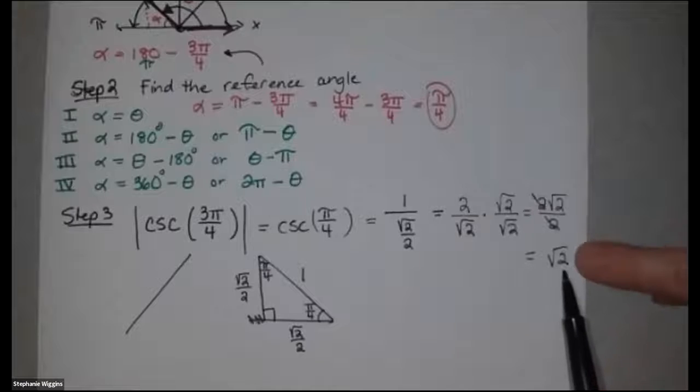So now that we found the magnitude as square root of 2, or the absolute value being square root of 2, now we have to find the sign, okay? And that's where All Students Take Calculus comes into play, right?